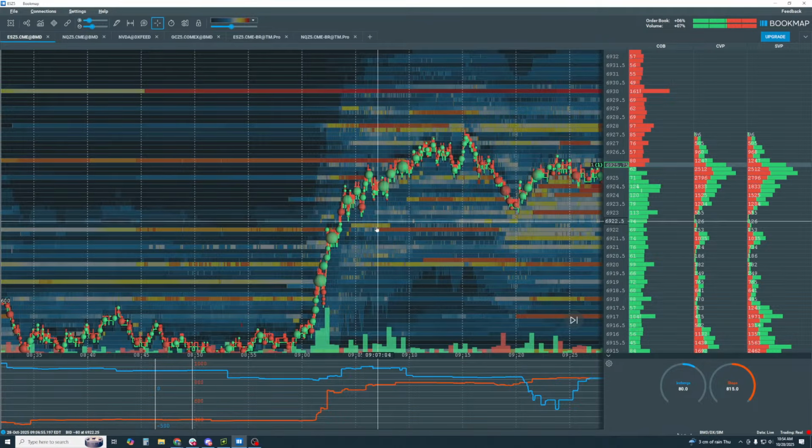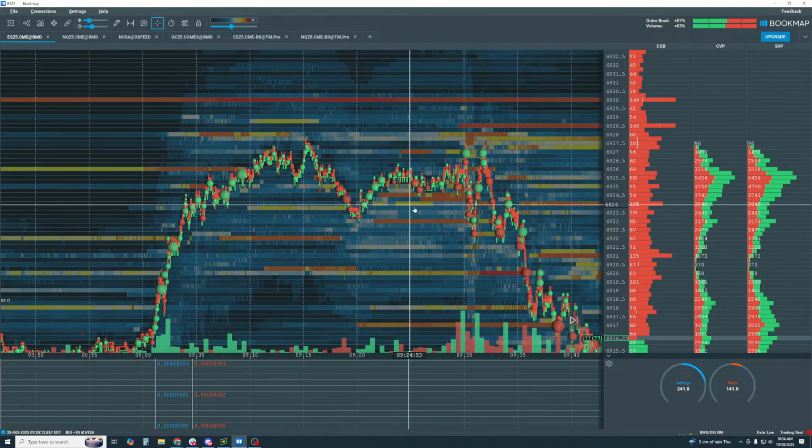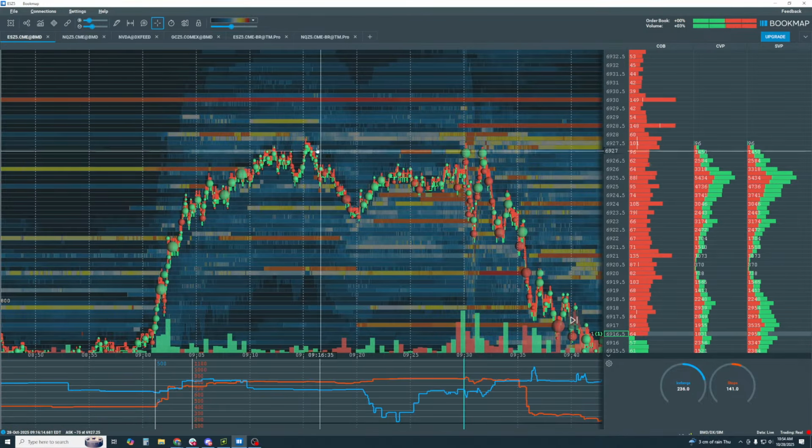This is so much volume. Yeah, I'm with you on that. I'd be looking for a retest back up into here with the momentum, maybe up into here. You can see that failed as well.